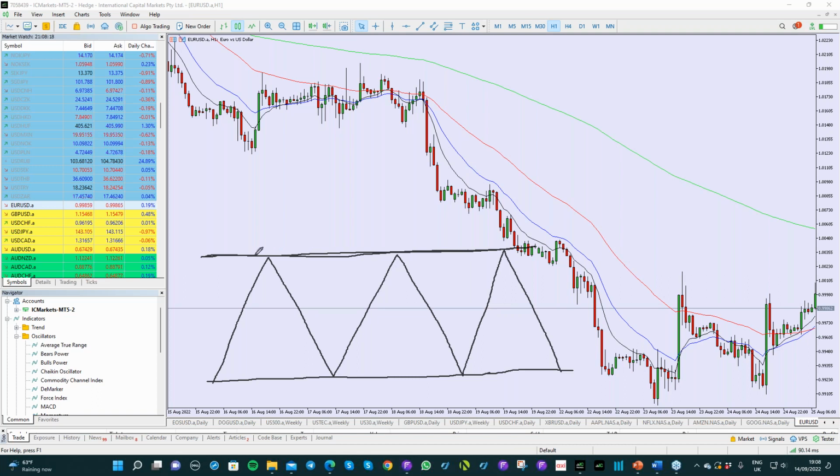A trader could look at this range and simply want to sell at the top of the range and buy at the bottom of the range. So perhaps they want to buy every time price reaches the bottom of the range and sell every time price reaches the top of the range here.